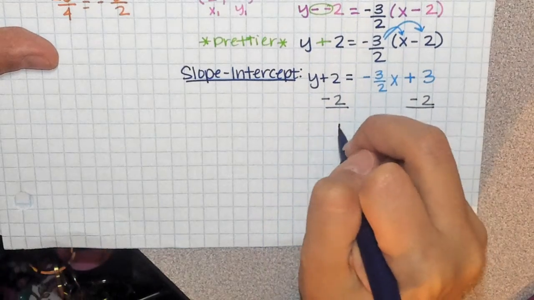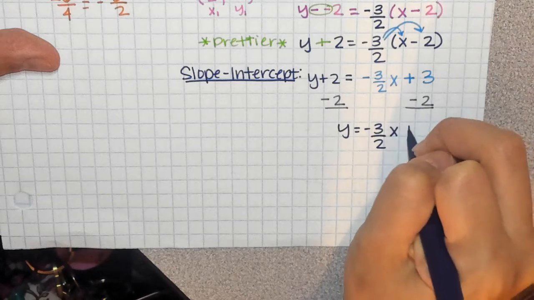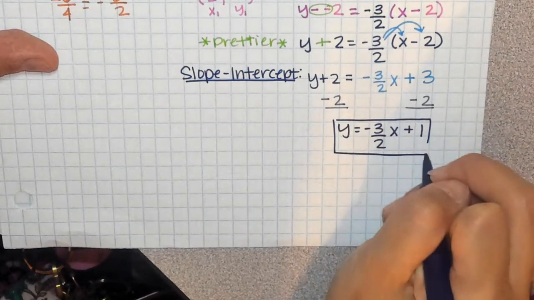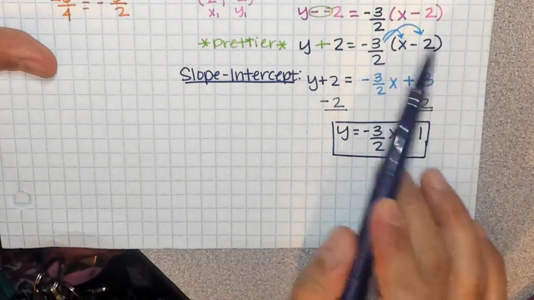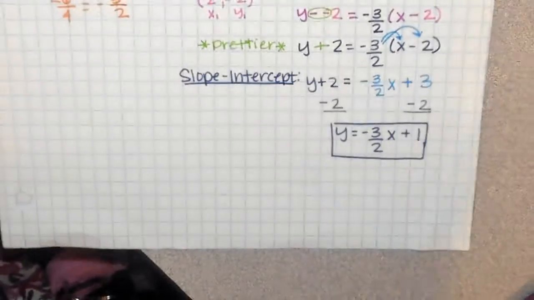So I am left with y equals negative 3/2 x plus 1 as my equation in slope-intercept form. Again, this one up here is point-slope form. We're going to do one more example and then we are done.